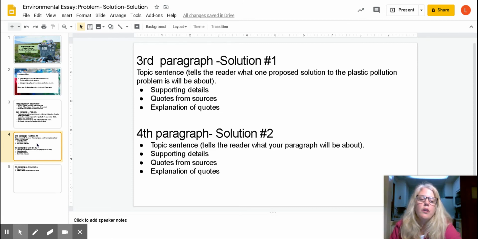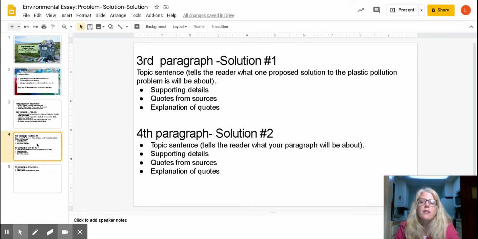And then you're going to choose one of those solutions, and you're going to be talking about what was proposed, give some supporting details from the text, and you can give information from multiple different texts and quotes from different texts to support that. Sometimes you'll have a solution that's only been addressed in one article, and so you might focus more on that article. Sometimes you'll have information from 2 or 3 different sources that you can put into this solution.